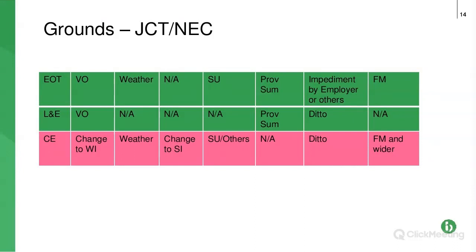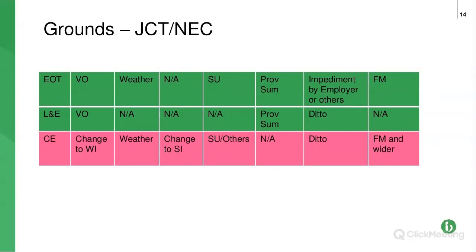If you look at the pink, so that's the compensation events. Is it a compensation event if there's a change to the works information? So that's effectively a variation under JCT. Yes. So under NEC, you get your time and you get your money relating to that time, unless the contract has been specifically amended.